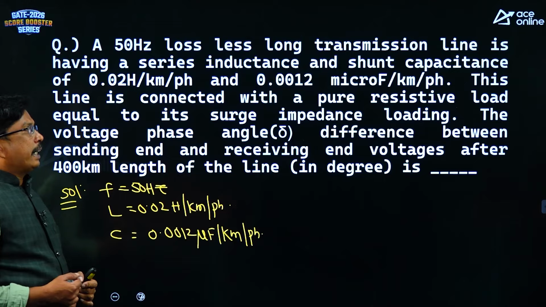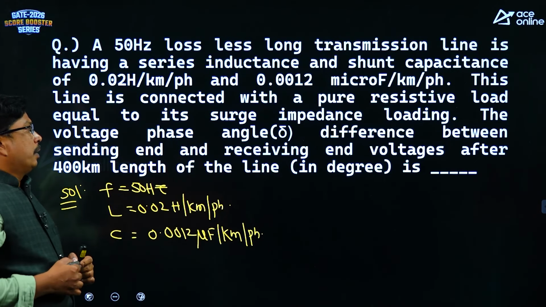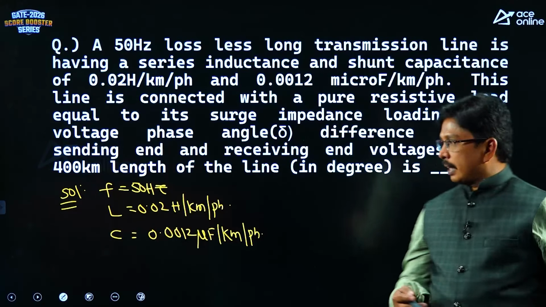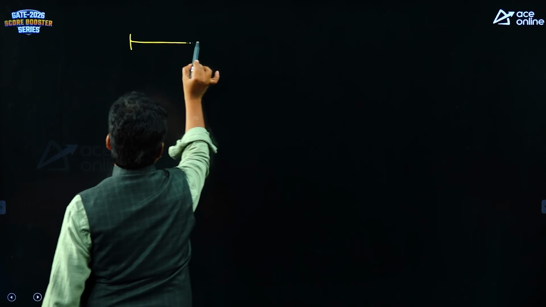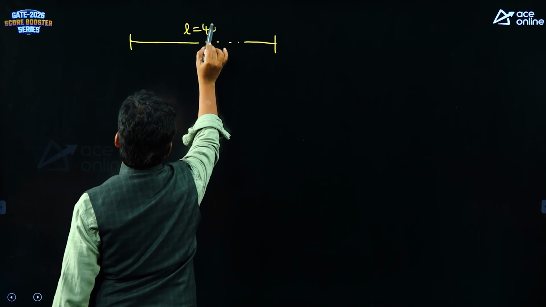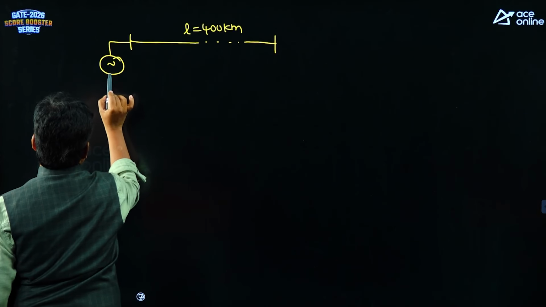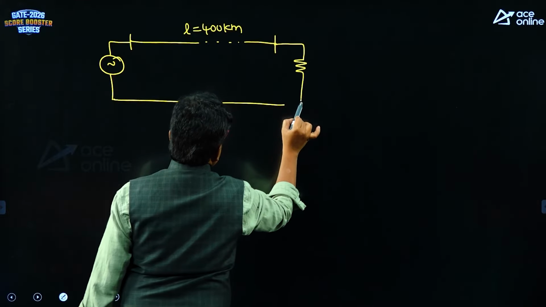Find the voltage phase angle delta difference between sending end and receiving end voltages after 400 kilometers length of the line. Just see here, students, we are having a transmission line of 400 kilometer length, where L is equivalent to 400 kilometers. Here we are having the source, and here we are having a pure resistive load.